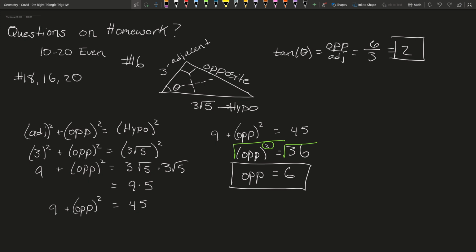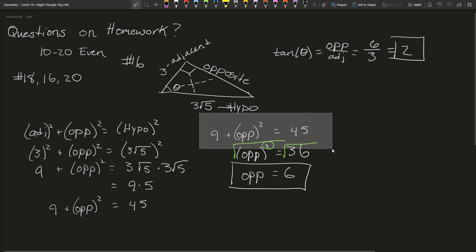How do you get the 36? On this step, we have to get the opposite squared by itself, so we subtract 9. 45 minus 9 is 36.